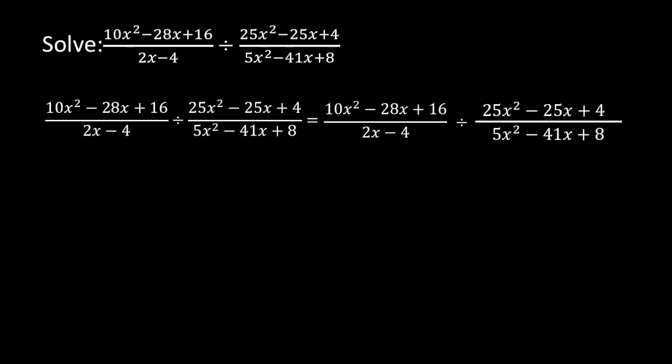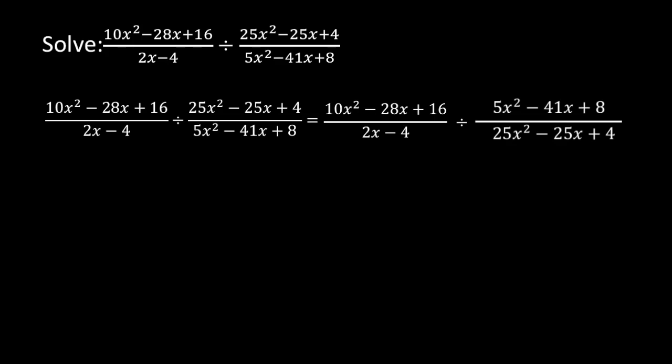In this example, the divisor is 25x squared minus 25x plus 4 all over 5x squared minus 41x plus 8. Getting its reciprocal means switching the numerator and the denominator. This gives us 5x squared minus 41x plus 8 all over 25x squared minus 25x plus 4.